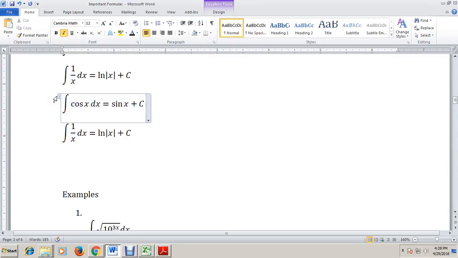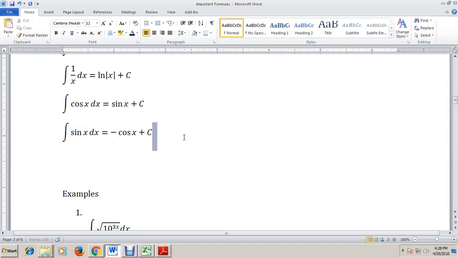Doing the same for sine instead of cosine, we have the integral of sine x dx, which should be negative cosine x plus c.